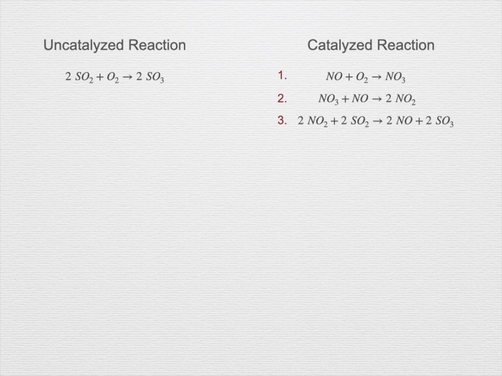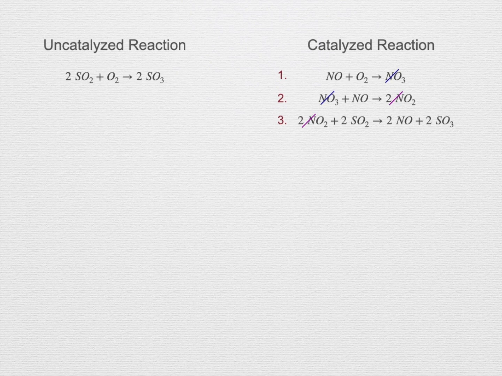As we learned before, we can find reactive intermediates that are produced in an early step and then consumed in a later step. The nitrogen trioxide is clearly such a creature, and we can cancel them out. The two NO2 molecules are also reactive intermediates. We can go ahead and cancel them out too. But notice how the nitric oxide, NO, behaves differently.